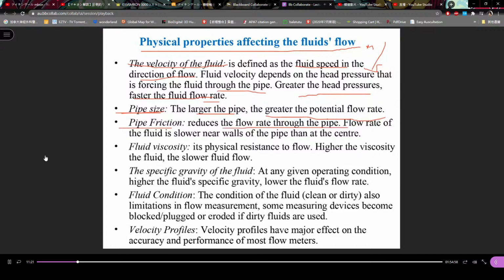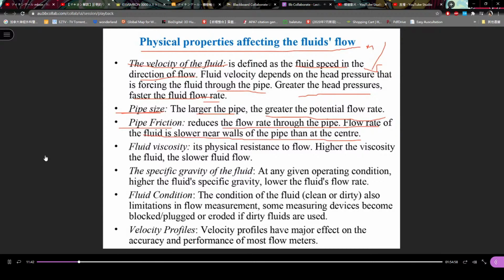So that's why we need to calculate the relative roughness. If the inner surface of the pipeline is too rough, it will increase flow resistance. So the flow rate of the fluid is slower near the wall of the pipe than at the center.